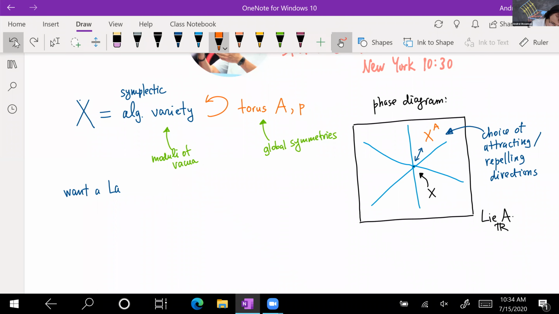Somehow canonical. Of course, there are always some, but we want a canonical one.